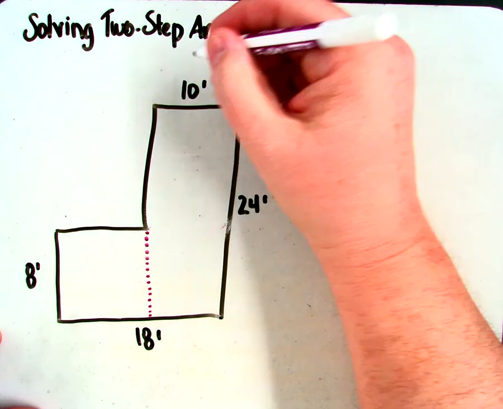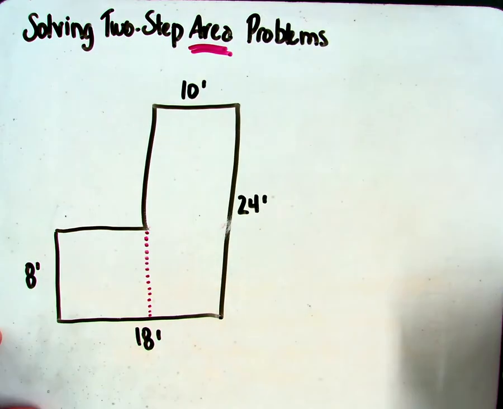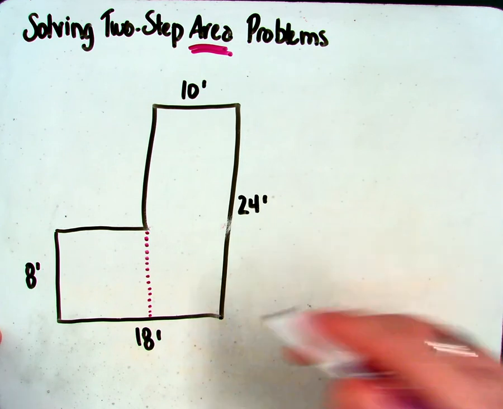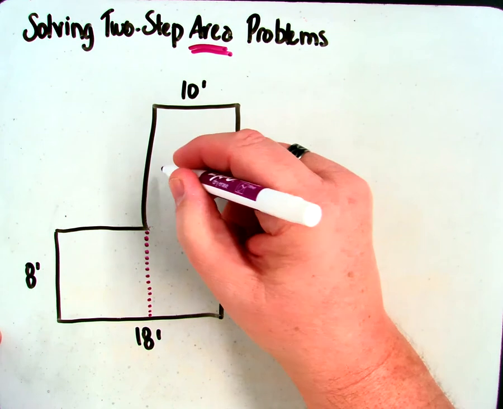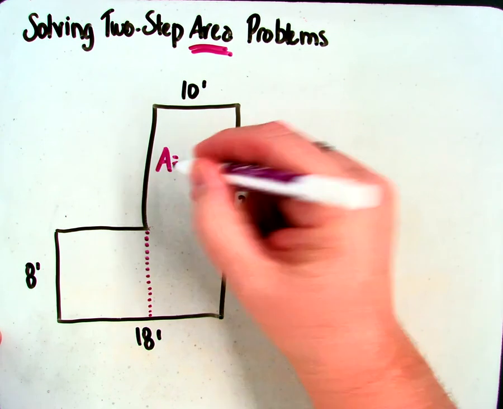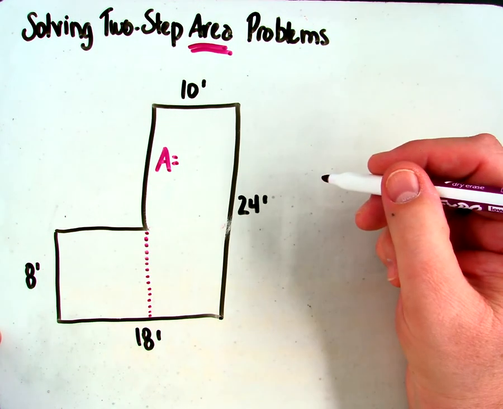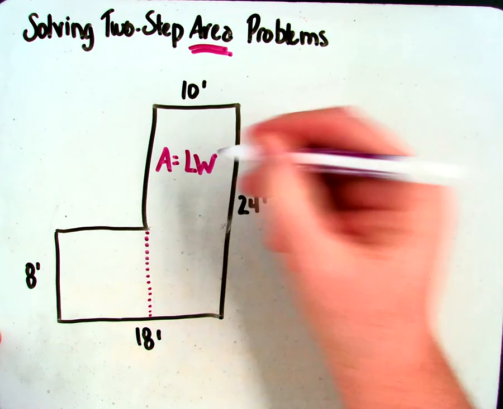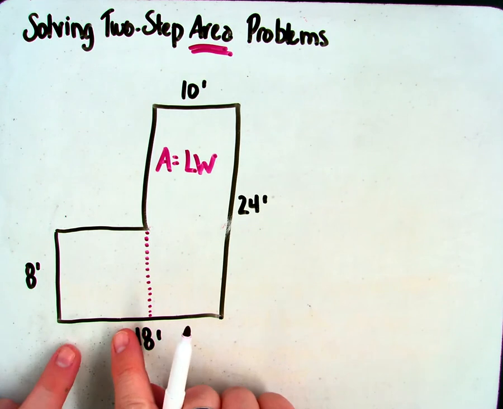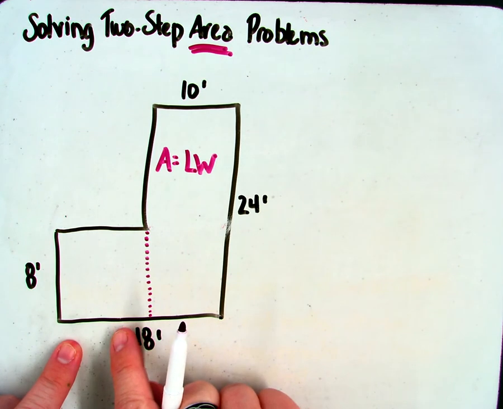Now, we're going to be computing area. Now, this is a rectangle. And to find the area of a rectangle, we multiply length times width. Now, what is this figure here? Well, it's another rectangle.